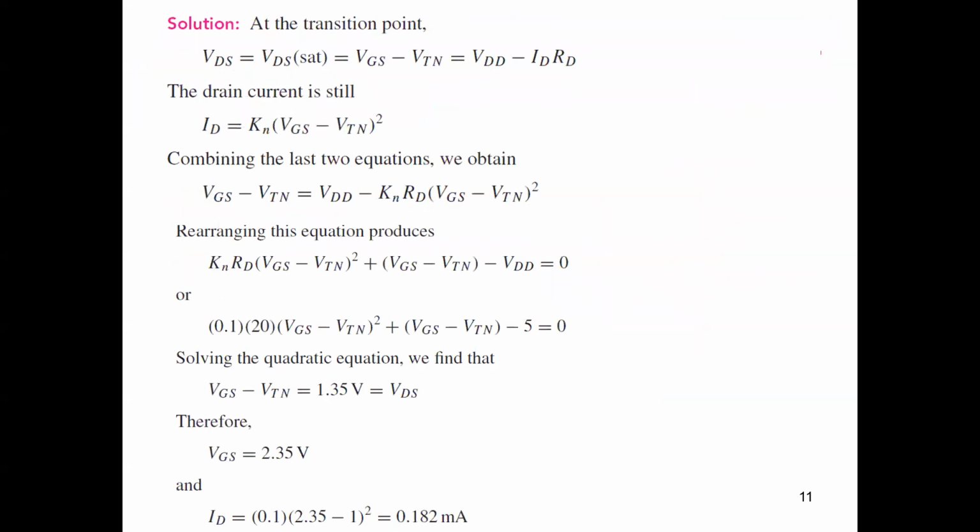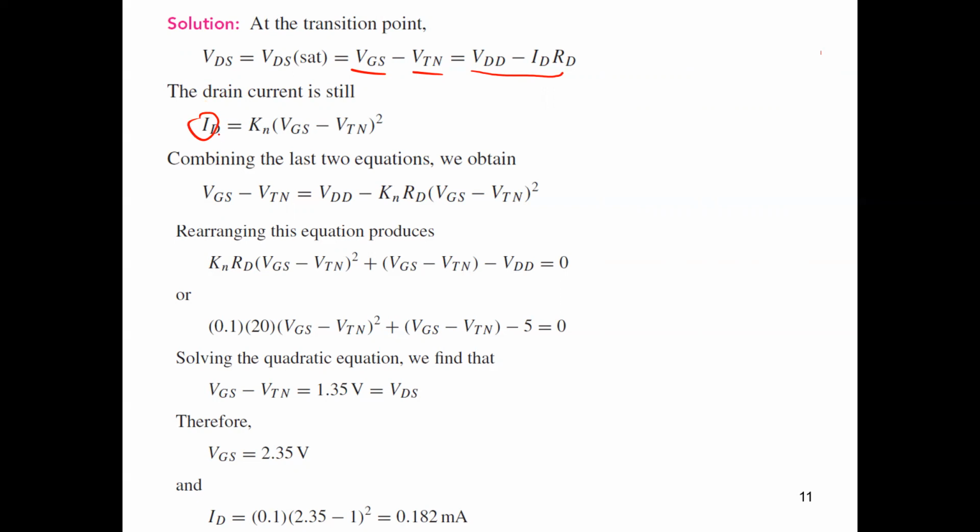Starting from the VDS equation, we can say now VDS equals VDS saturation at the point of saturation. So it's VGS minus VTN, which is equal to the same circuit equation, which is VDD minus ID RD. Now, substituting for ID as we said, we can make another equation.